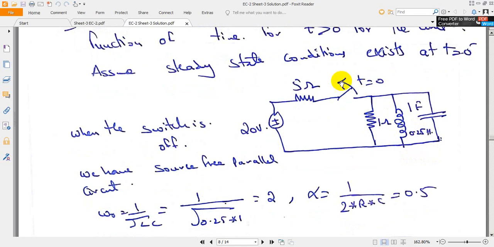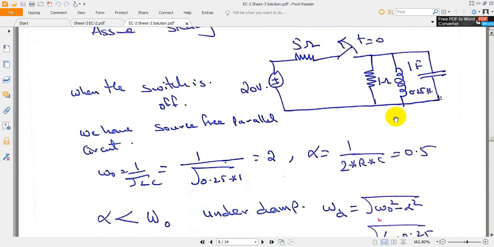When the switch is open, if we observe, there is an RLC parallel circuit which does not have any external power supply. Such a circuit is called a source free parallel circuit.